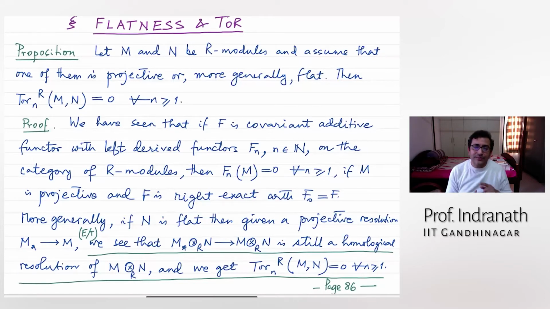Now, if you want to replace it by any homological resolution in general, then you would require a kind of isomorphism. What is being said is that if N is flat, then given any projective resolution, this M_* tensor N is still a homological resolution. That is of course true, right? Because N is flat, when you tensor, you have all exactness.